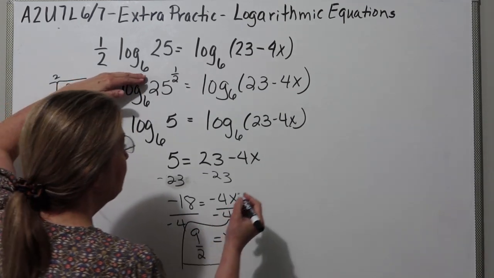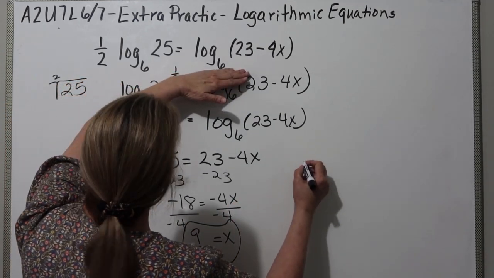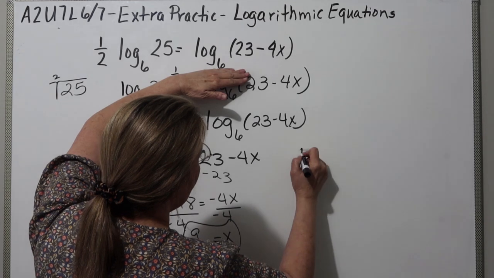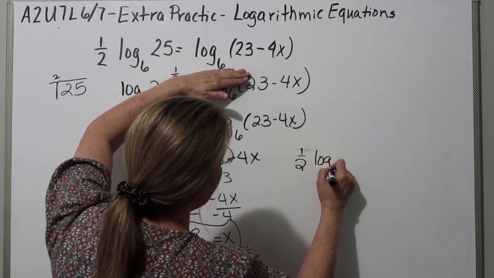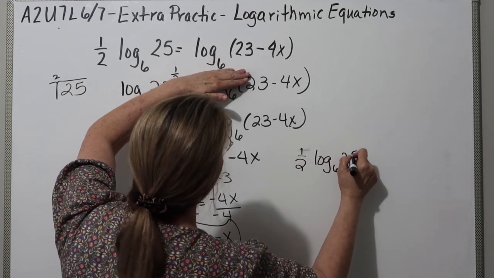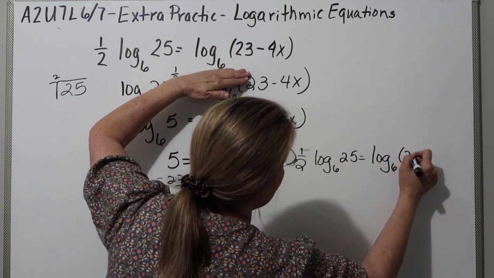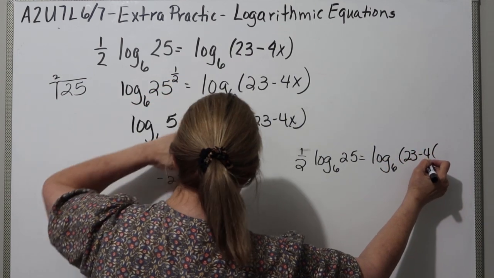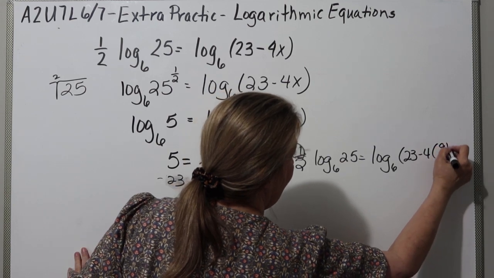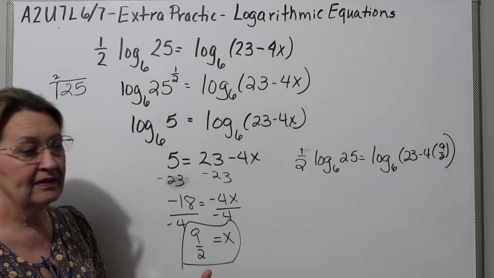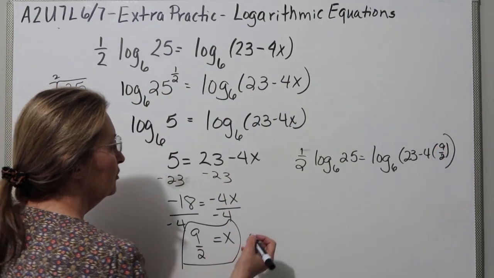If I substitute that in right here, I'm going to have 1/2 log base 6 of 25 is equal to log base 6 of 23 minus 4 times 9/2. Okay, that's the substituting. Now let's simplify this real quick.